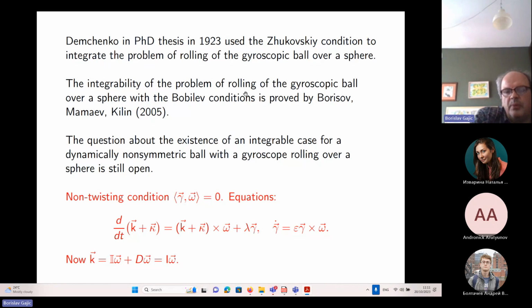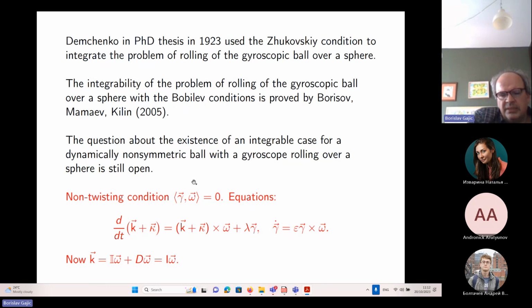The integrability of the problem of rolling of a gyroscopic ball over the sphere with Bobilyov conditions was proved by Borisov, Mamayev and Kilin in 2005. The question about the existence of an integrable case for a dynamically non-symmetric ball is still open to our knowledge. But this system is not a G-Chaplygin system.